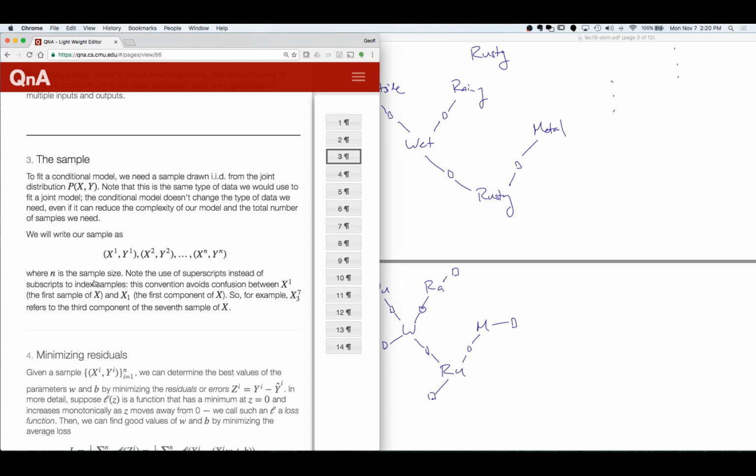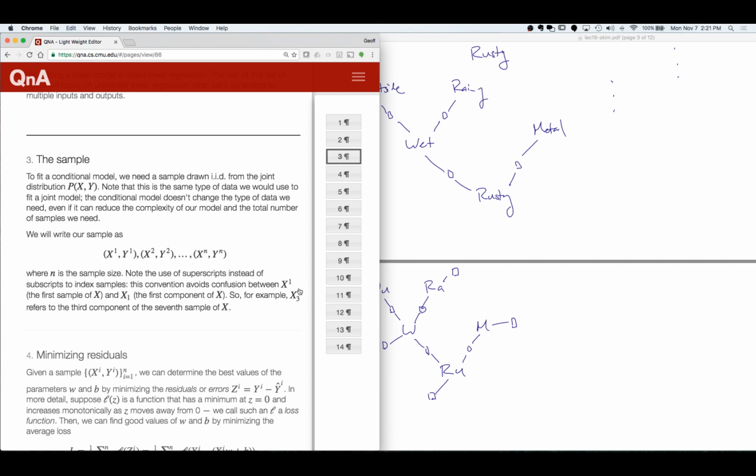And so here's our sample, x1, y1 up through xn, yn. Just as a convention for this set of notes, I'm going to write the sample index as a superscript so that we can have something like x73, which is the 7th sample and the 3rd component of that sample.